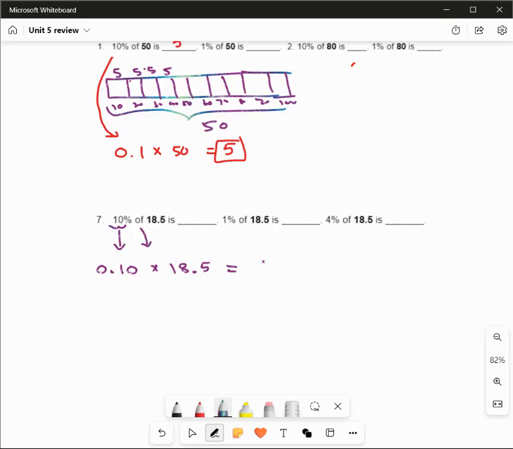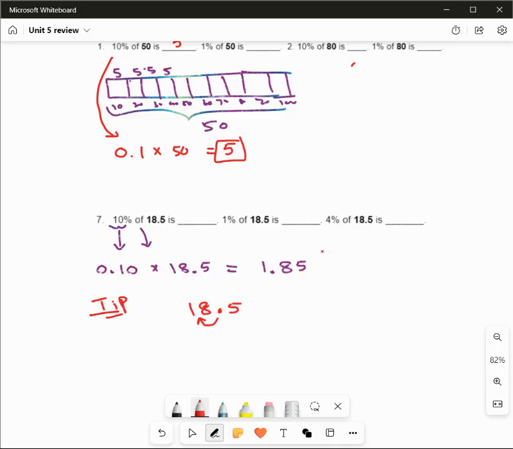So this is 1.85. Also, pay attention to this one, there is a little technique that you can use. If you see 18.5 and it is 10%, you move the decimal 1 place. If it is 1%, obviously you move 2 places.